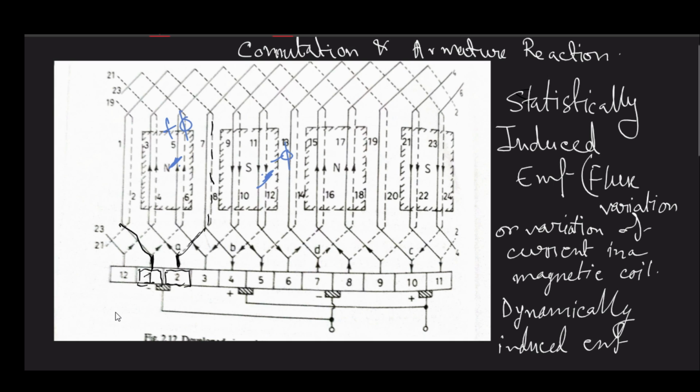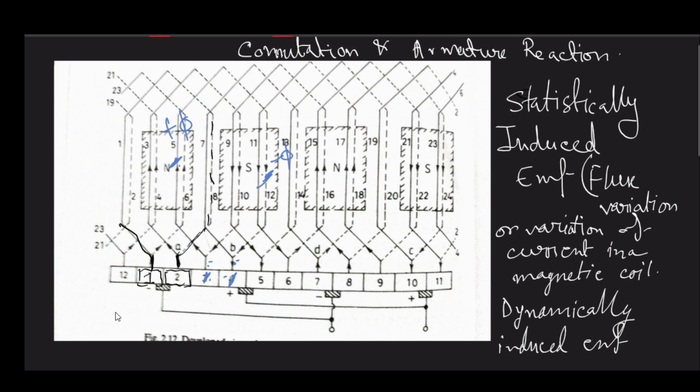Now, consider the adjacent coils. These are connected with commutator segment 4, and this 5 is connected with segment 3. Although they are not in the interpolar region, the voltage induced between these will be very high.